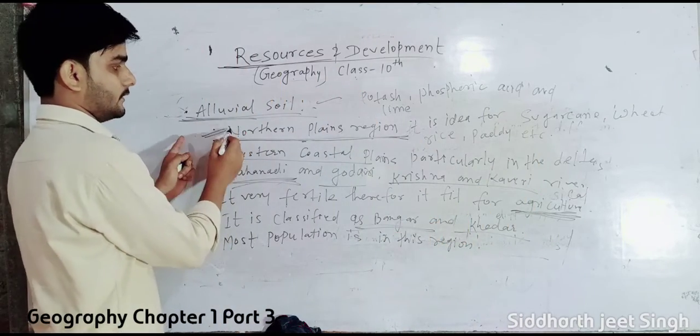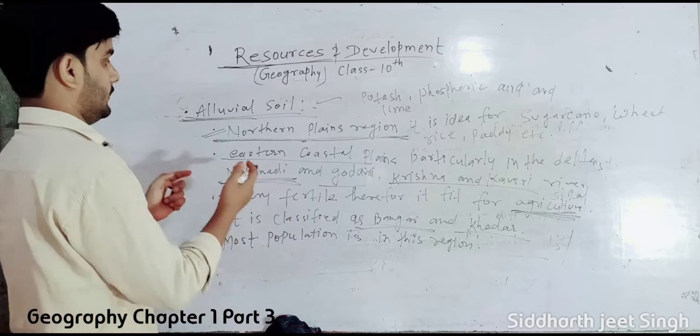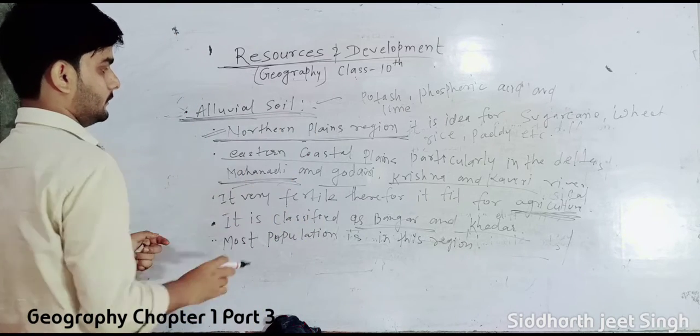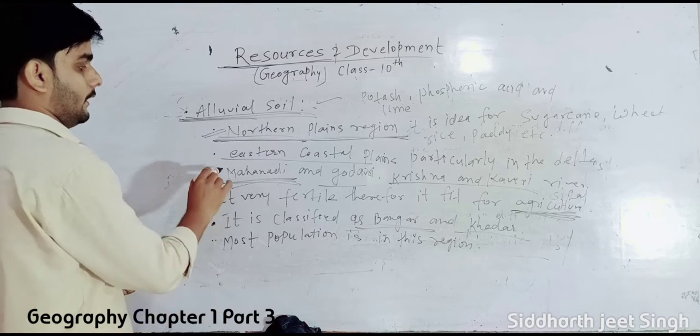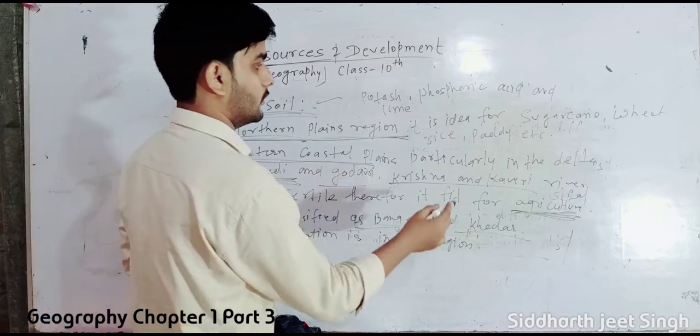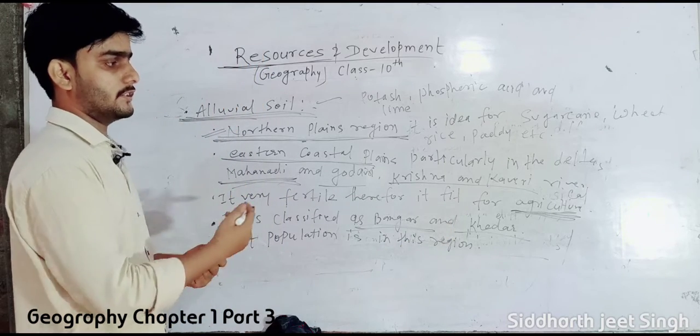Here we see that most of our country's northern plains region is alluvial soil. Alluvial soil is found in the northern plains region, and also the eastern coastal plains, particularly in the delta areas of the Mahanadi, Godavari, Krishna and Kaveri.